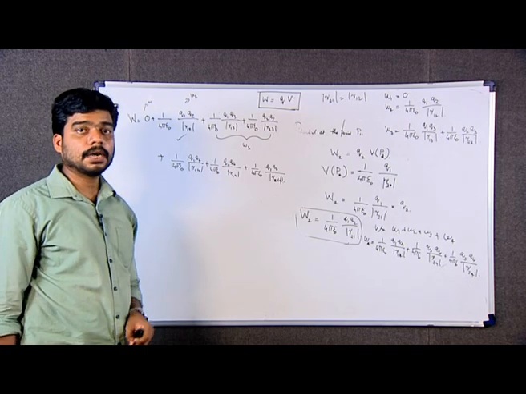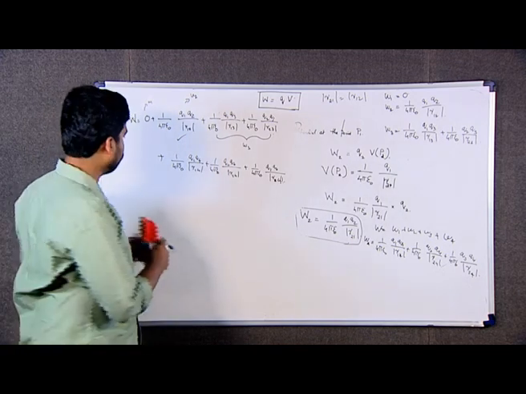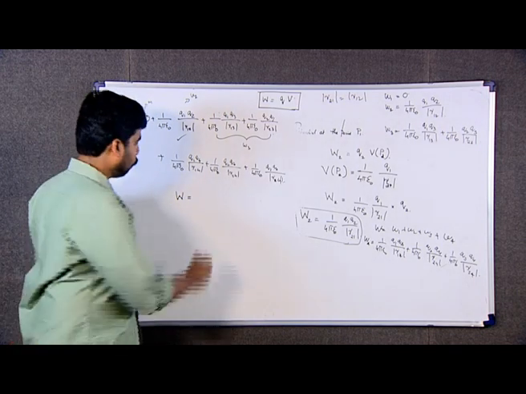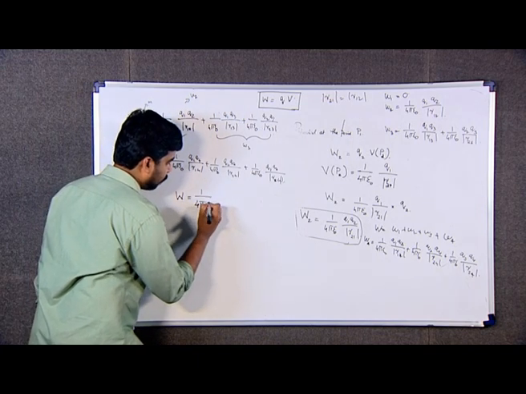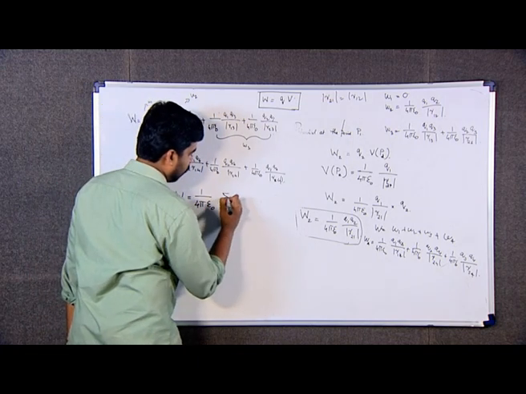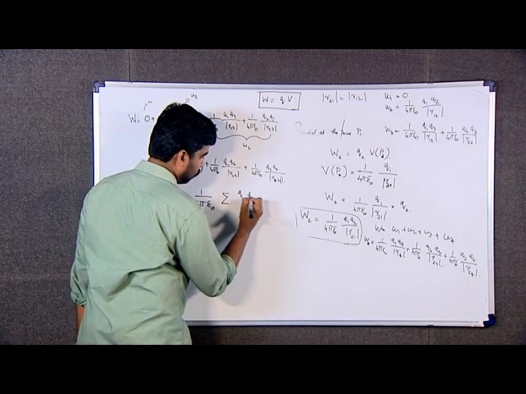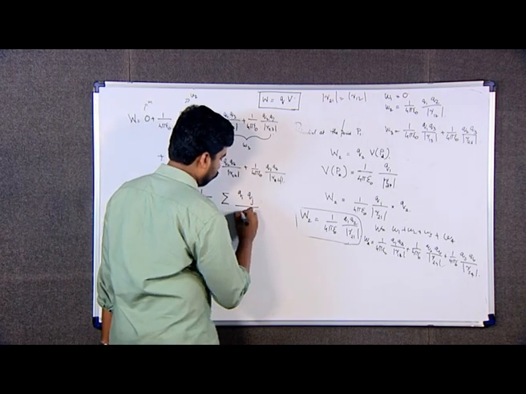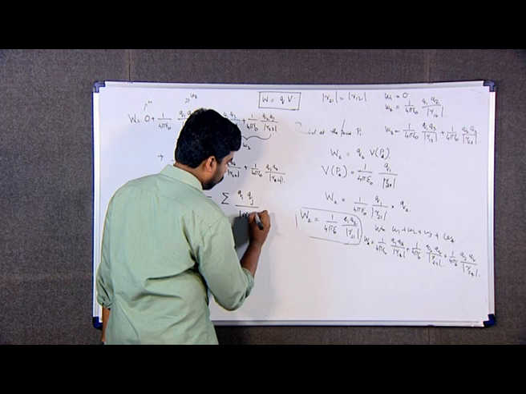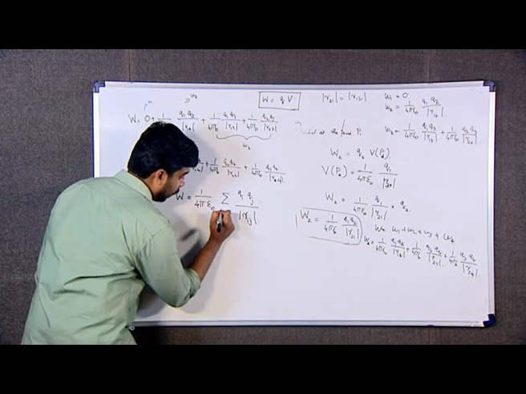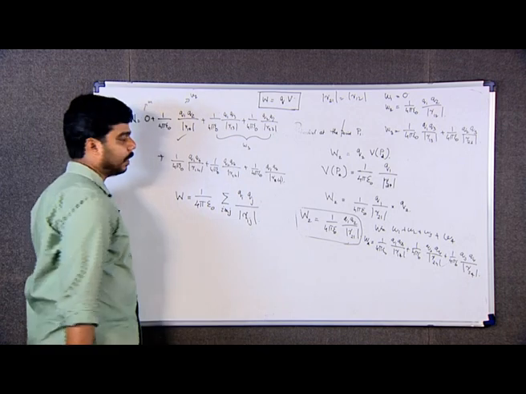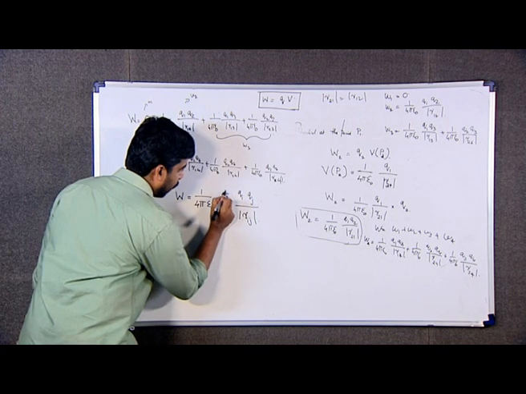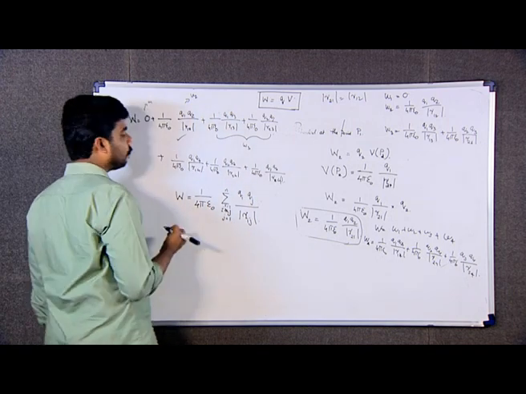So, in general you can write a single equation, which is the total work done W equal to 1 by 4 pi epsilon 0 sigma Qi Qj divided by modulus of Rij. I should put the condition that i is not equal to j, and i runs from 1 to n, and similarly j also runs from 1 to n.